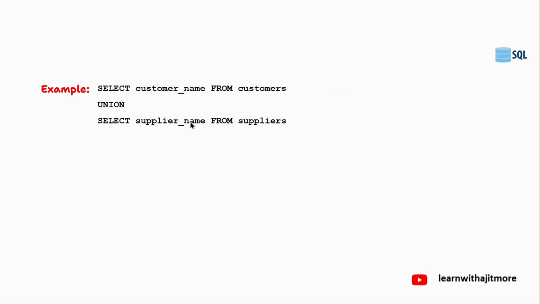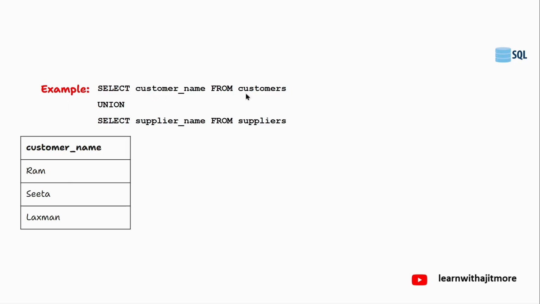Now suppose we are assuming that there is one customers table. We already have a customer table. From that, I am selecting only customer name. Union, I'm having one supplier table, and from that, I'm fetching supplier name. Now, in the output, you will get customer name. Whatever is the column name in the first query will be in the output.